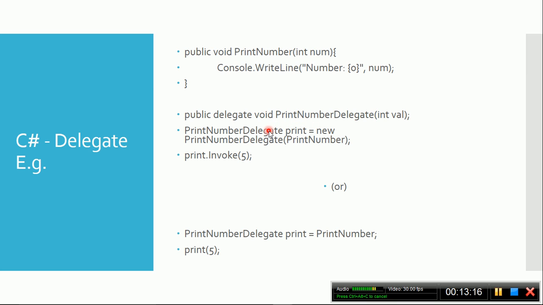In the previous slide I said this delegate will create a class, and it will extend the class from System.Delegate. So in this line it will create a new class named PrintNumberDelegate, and it will import this class from the System.Delegate namespace. This System.Delegate namespace gives the power to PrintNumberDelegate to act like a delegate.